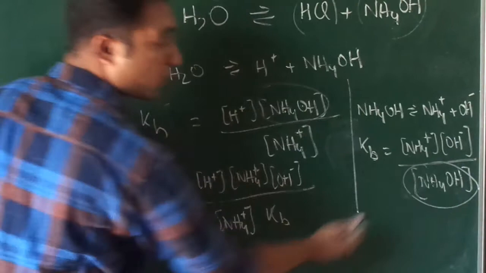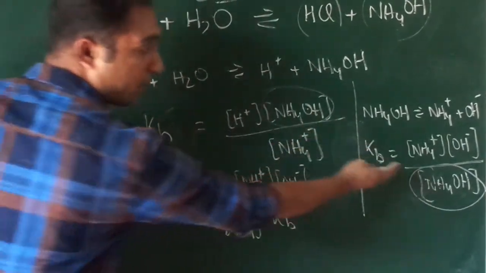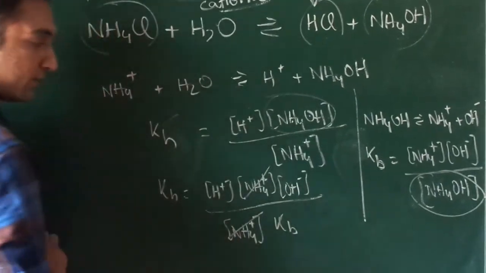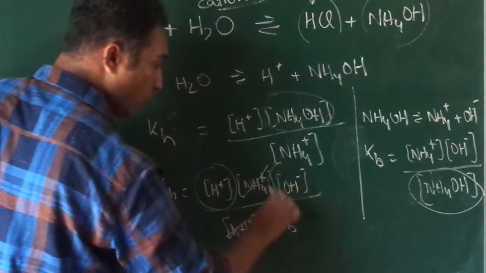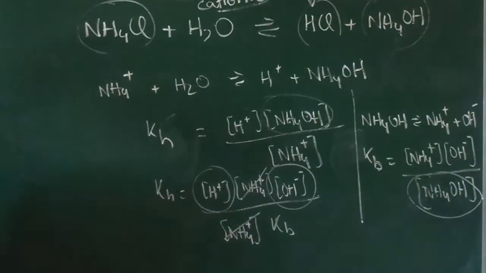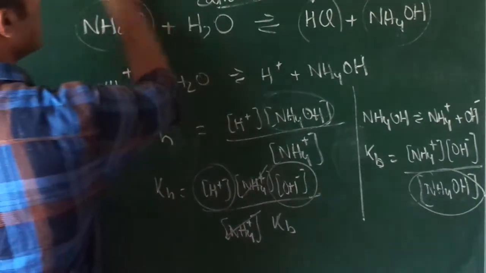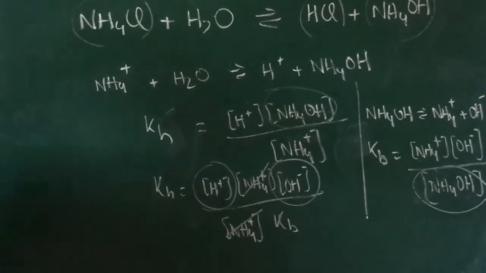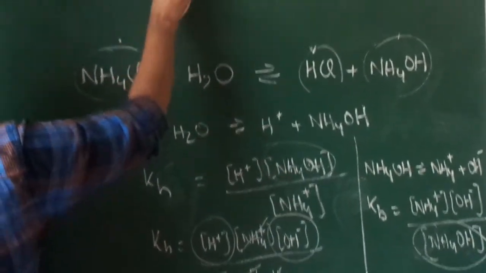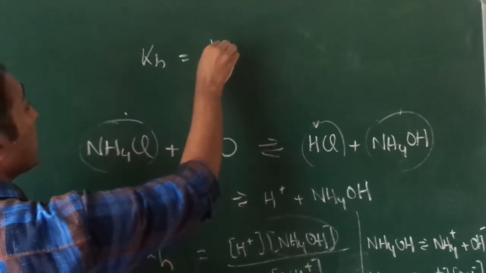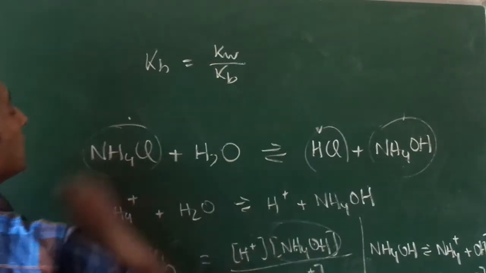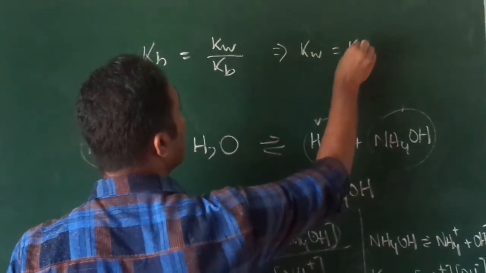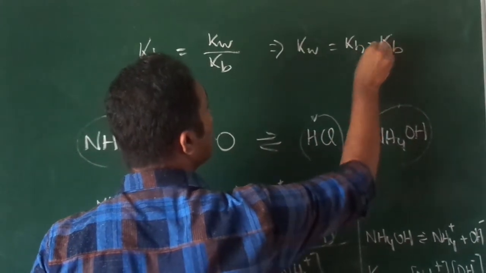If I replace NH4OH, you can see if I replace NH4OH here. So now this part gets cancelled, and H plus into OH minus is equal to Kw. What you get exactly is, you get H plus into OH minus as Kw. So you get KH is equal to Kw by Kb. Now students, if you see, I can write Kw as KH into Kb, right?